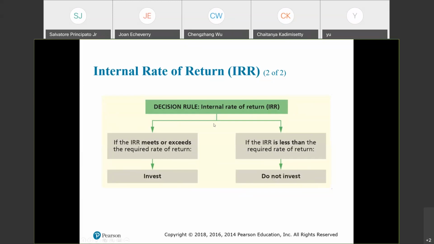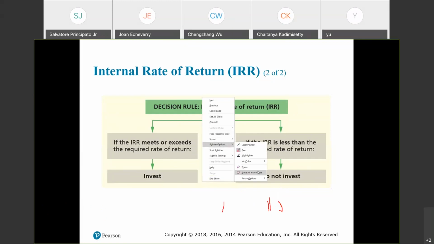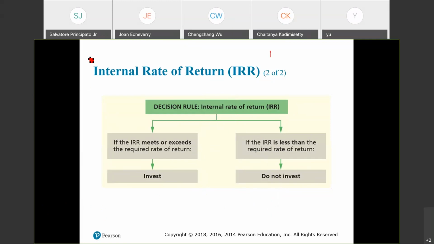if you can remember, for the B2B project, the initial investment is 240,000 and the amount of each cash inflow is 60,000.